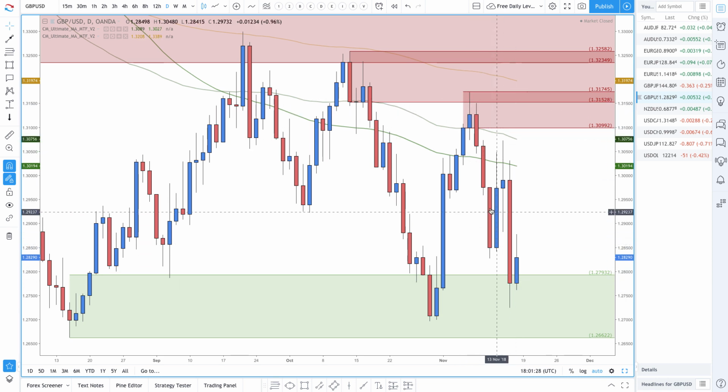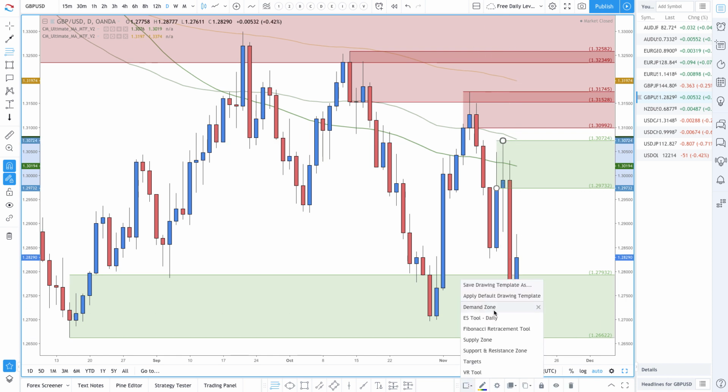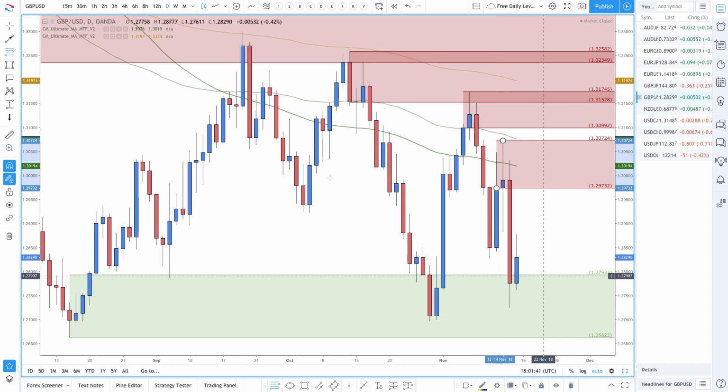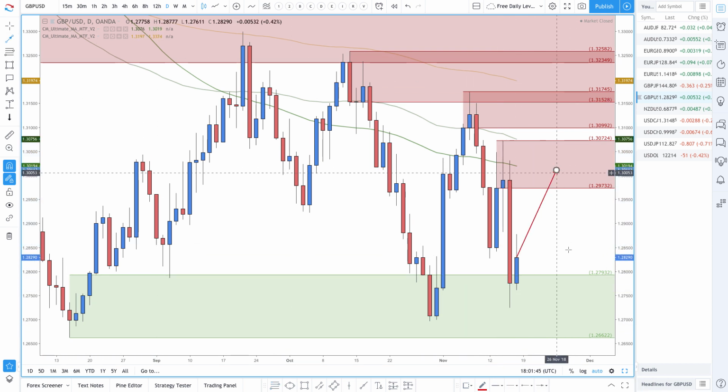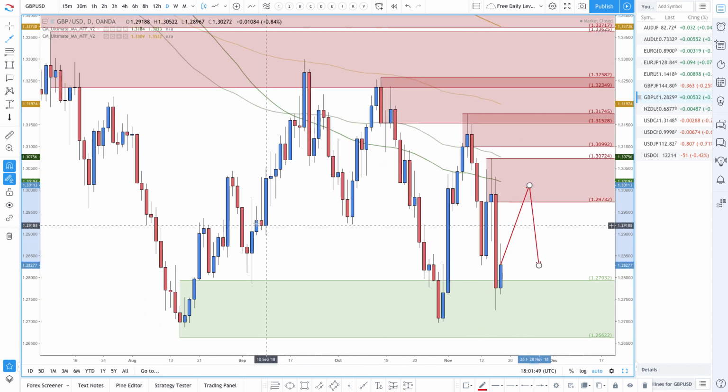I got in myself and took some profit, but you can see where prices made lower highs and lower lows. We've created a new supply zone right here, and if prices do come back up to this supply zone, this would be the first area that you'll be looking to potentially sell.